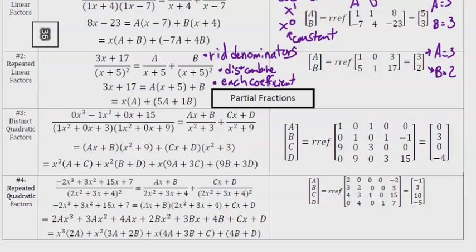So same thing as before, you want to get rid of all the denominators, so you're going to multiply everything by this expression right here. And on this side of the equation, we just have negative x squared plus 15.